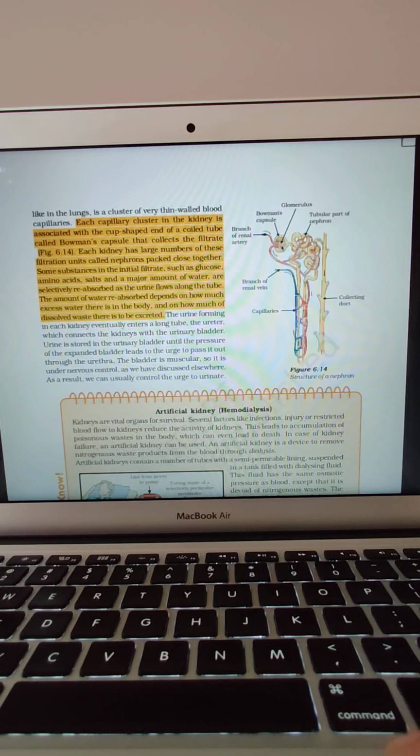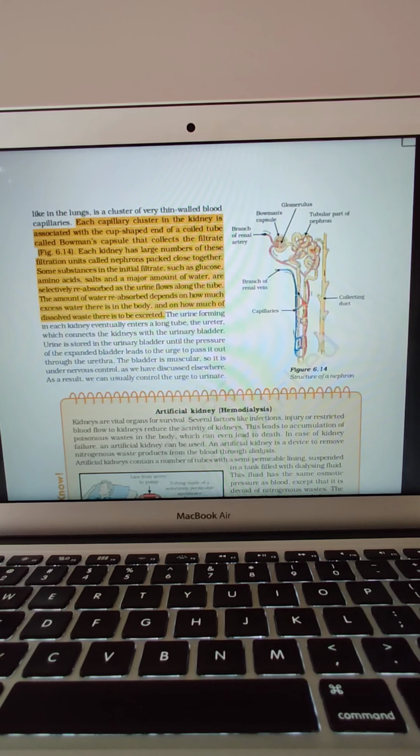Apart from the removal of the waste, there are many useful substances also which are removed along with this nitrogenous waste in the kidney, like what? Glucose, amino acids, salts, water, etc. Now these substances which are useful for our body are again reabsorbed in this tubule-like structure.